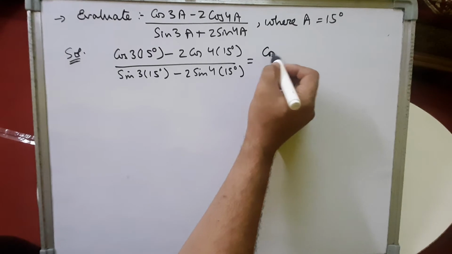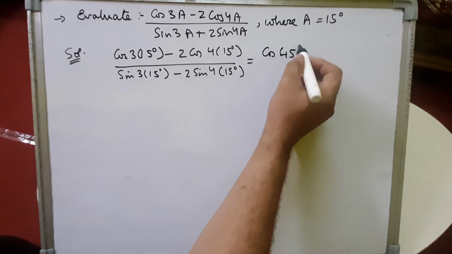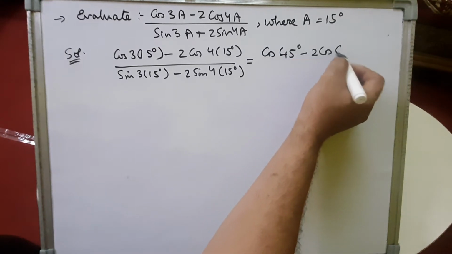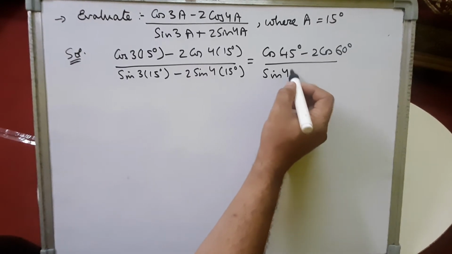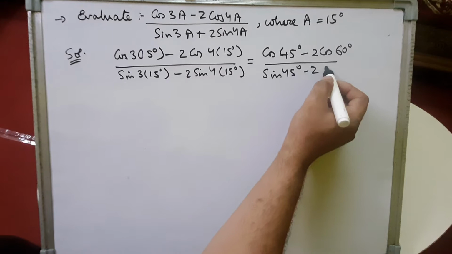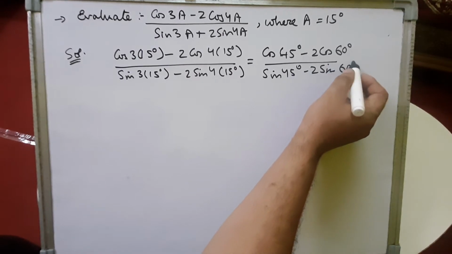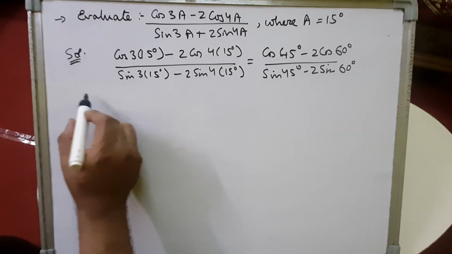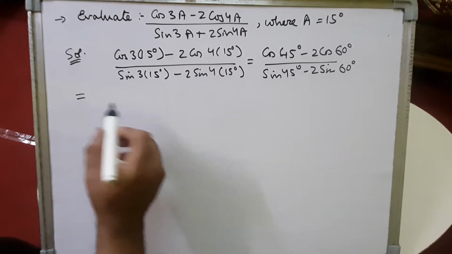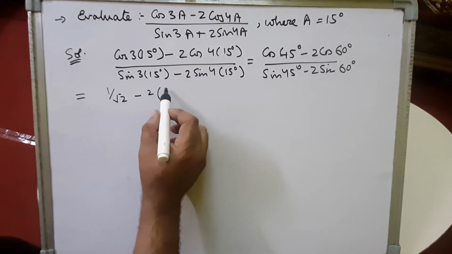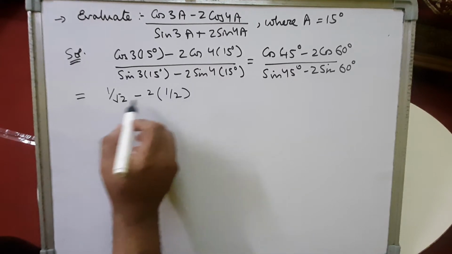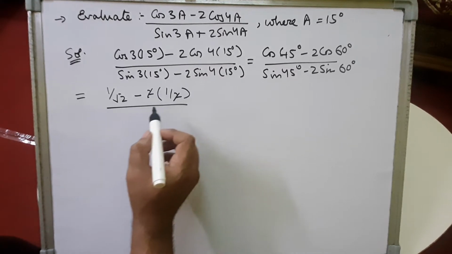When we multiply, we will get cos 45° minus 2 cos 60° upon sin 45° minus 2 sin 60°. Let's substitute the values of the angles. Cos 45° is 1 upon root 2, minus 2 into cos 60° which is 1 by 2, so this 2 and 2 will get cancelled.